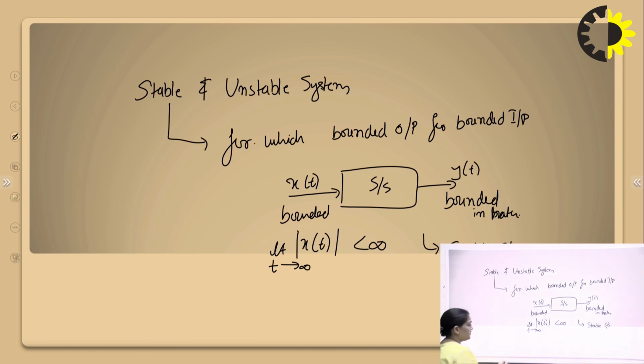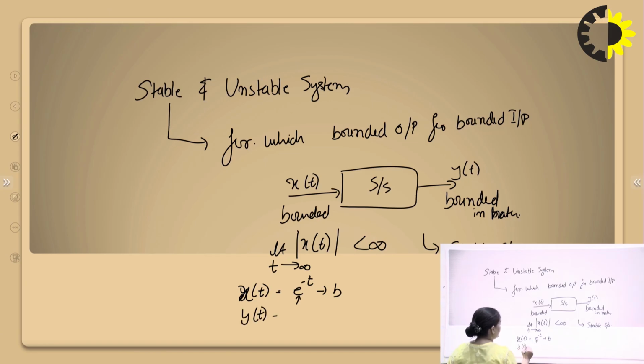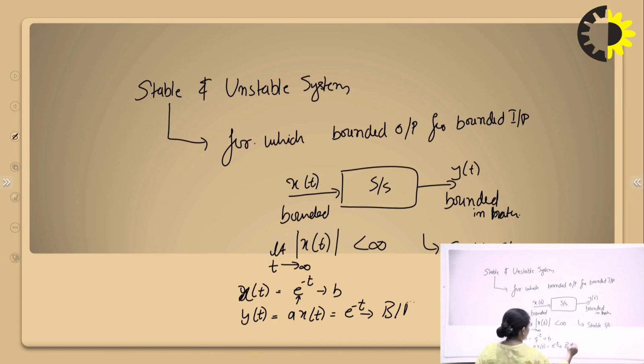For example, if y(t) is equal to e^(−t), then this is bounded. Suppose this is x(t), and if I apply a system that gives y(t) as a multiple of x(t), it is e^(−t), so it is a stable system.